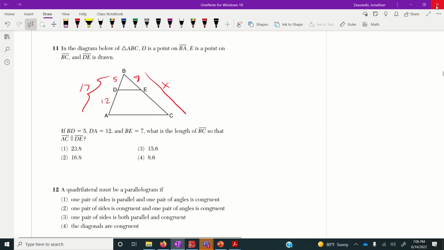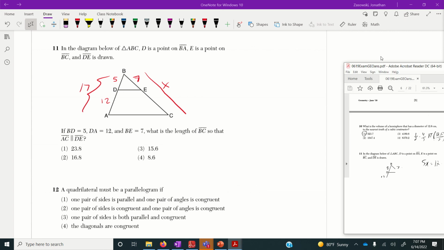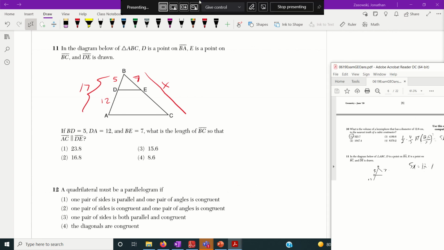Instead of me doing that, I'm just going to bring over the answers here. So here's a copy of the answers. We're going to roll through this instead because whenever I write on the OneNote, it's getting very laggy. So I'm kind of losing the ability to do that here.